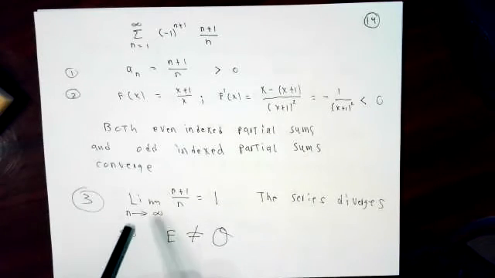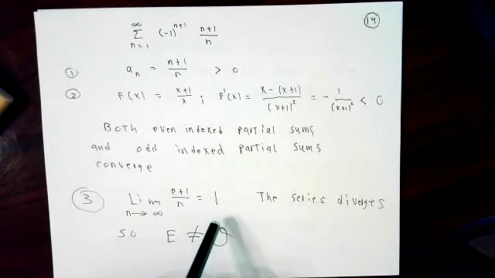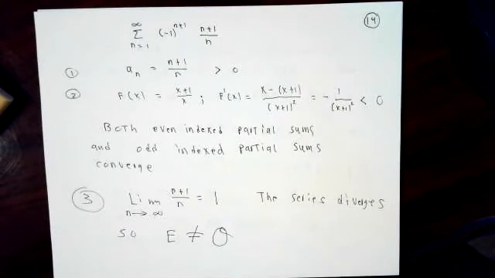The limit as n tends to infinity of a_n is 1. It's a truism not only for alternating series, but any kind of infinite series. If the individual terms don't tend to 0, then the series does not converge. So this tells me right away the series diverges.